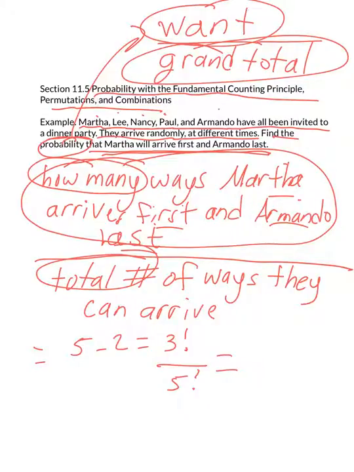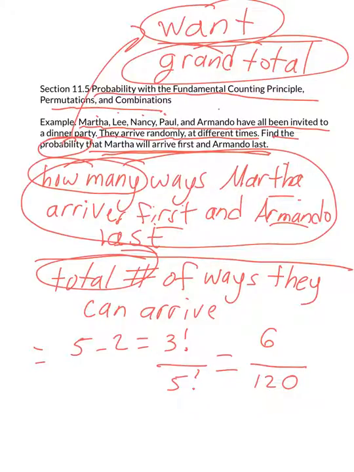3 factorial, hopefully you're trying this on the graphing calculator to practice where the factorial button is located. If not, you would just do 3 times 2 times 1, which gives you 6. Bring over your fraction bar, now 5 factorial, in other words 5 times 4 times 3 times 2 times 1. When you try that in the calculator, you get 120.